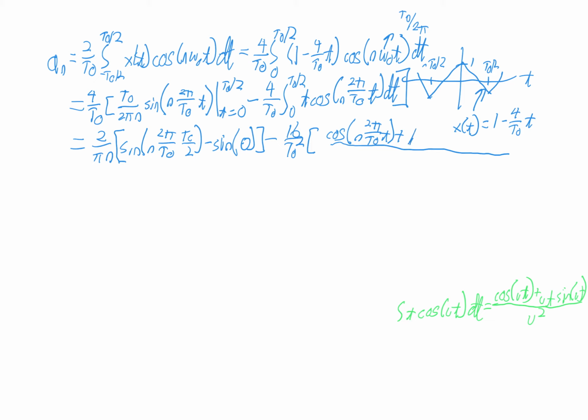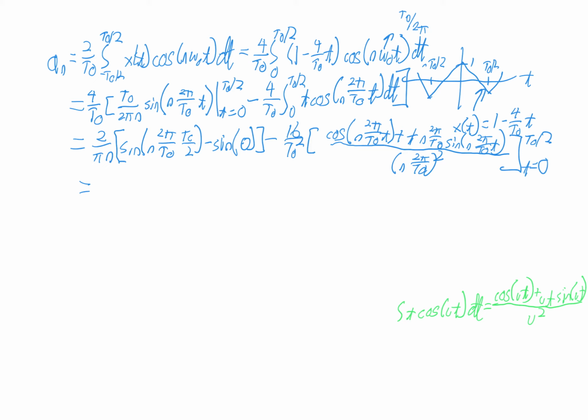So I'll write the t first. The constant again is n 2 pi over t naught. And then we have the sine of what argument? So n 2 pi over t naught t. And our denominator here is the constant squared. So n 2 pi over t naught squared. That is the indefinite integral. We are going to evaluate it from t equals 0 to t naught over 2.